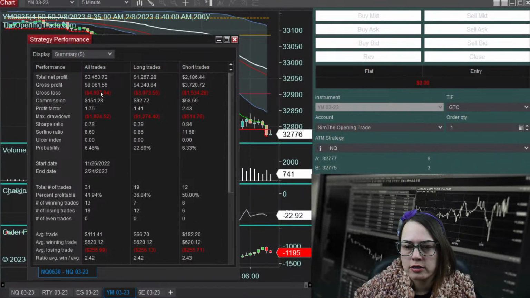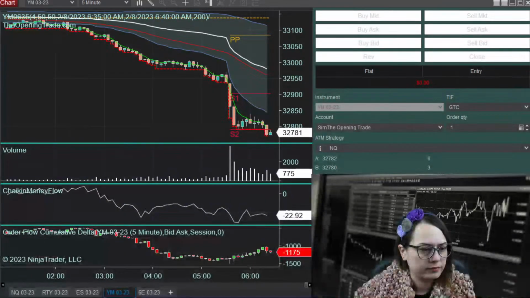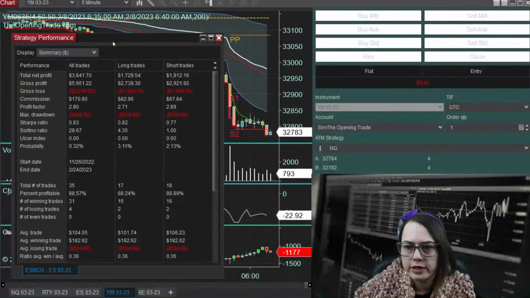Here's our max drawdown, gross loss, gross profit, and total net profit. And here is for the S&P 500, 90-day date range, max drawdown, gross loss, gross profit, total net profit.